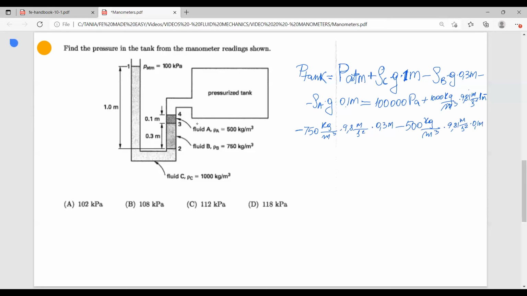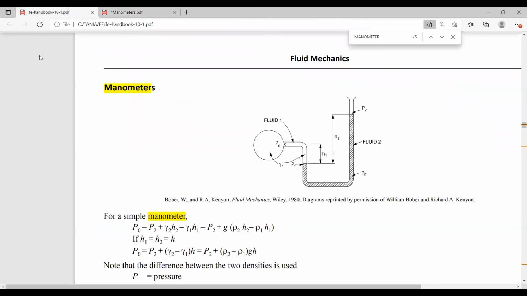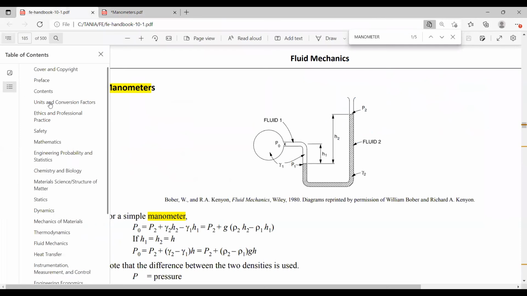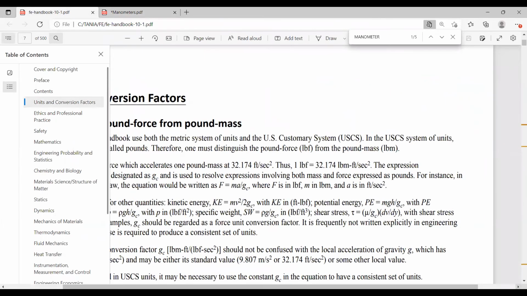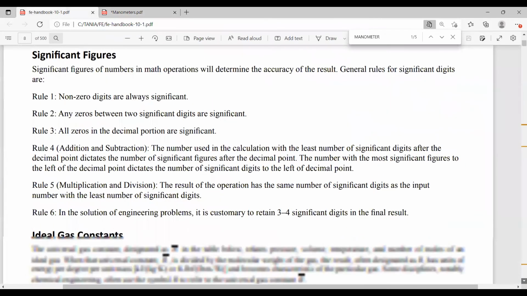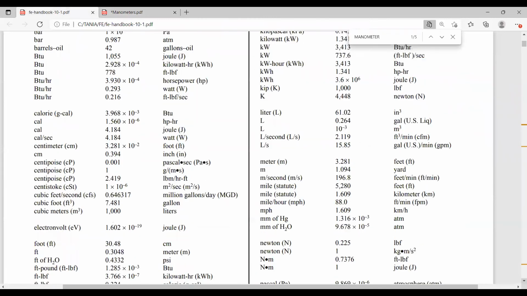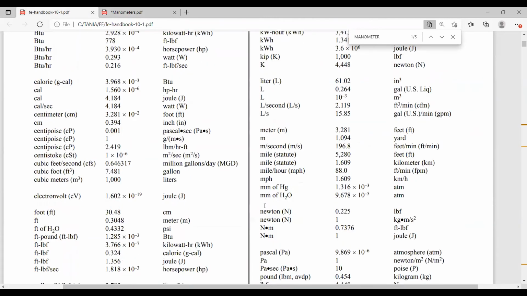Let's calculate all that. Now, if you are confused about the units, pascals and kilograms, let's talk about that. The FE handbook tells me that 1 pascal equals 1 newton over meter squared, right? And then let's go to units and clarify this a little bit. Here we have newton, and then pascal here.